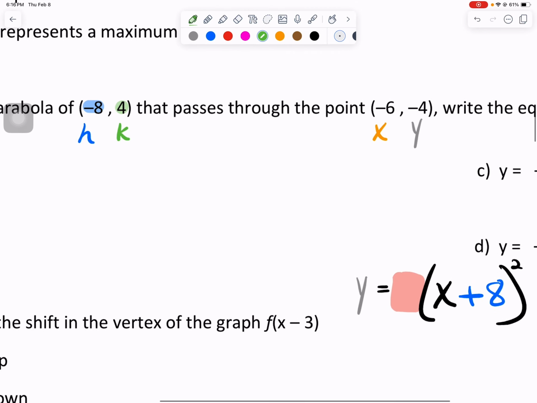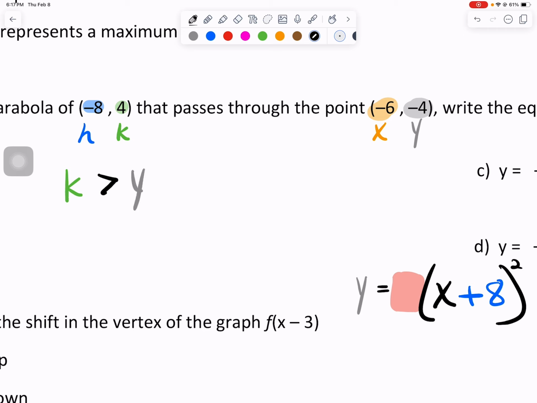Now, here's a simple trick on how to do that. So let me get my highlighter out because I did not get my x nor my y. And I want to make sure that we have that readily accessible for us, okay? Now, when k is greater than y, that will equal a maximum function, which equals a -a value.